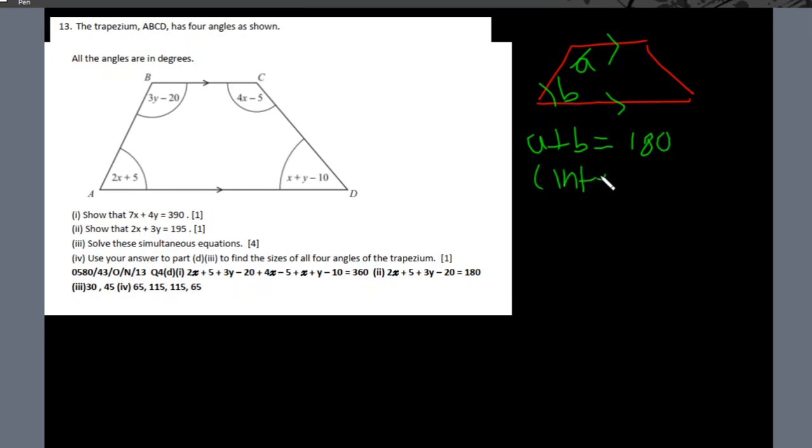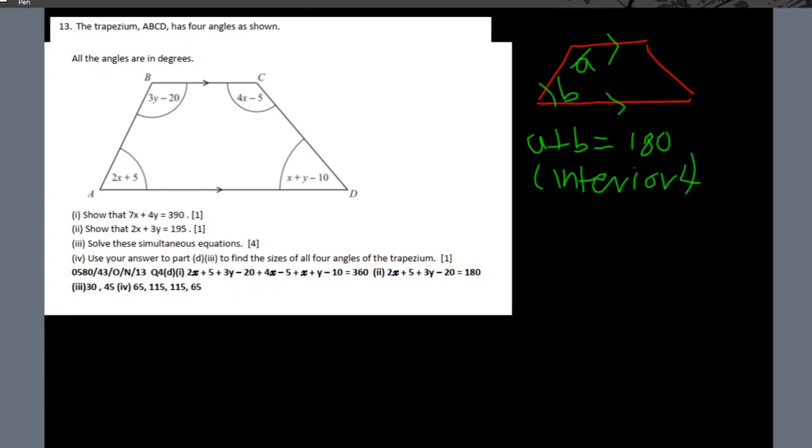Now we are discussing a trapezium, and for a trapezium we know a couple of properties. That is, if these two lines are parallel, and this is a and this is b, then a plus b should equal 180 because the sum of interior angles equals 180.